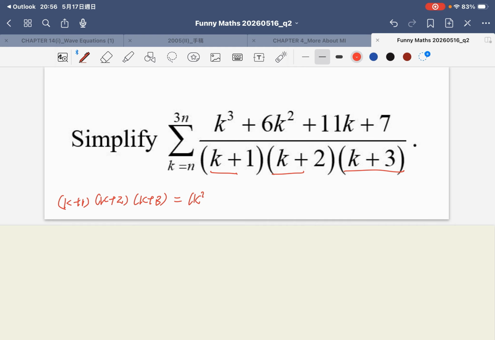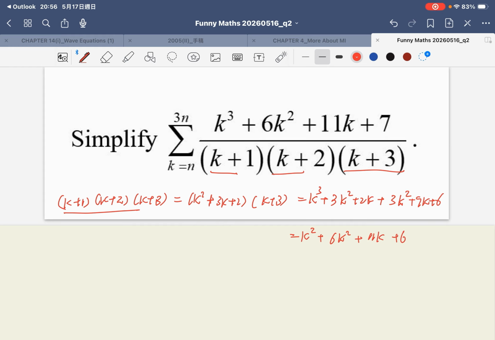That is k squared plus 3k plus 2 times k plus 3, which gives k cubed plus 3k squared plus 2k plus 3k squared plus 9k plus 6, so k cubed plus 6k squared plus 11k plus 6.